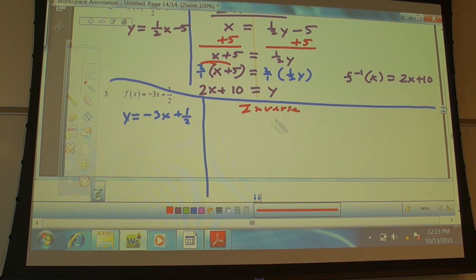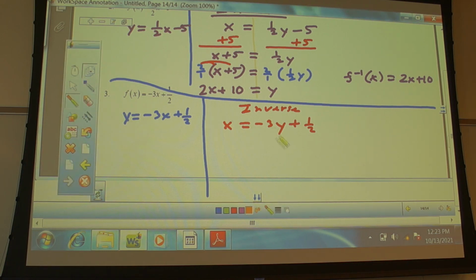The x and the y swap, so this becomes x equals negative 3y plus 1/2. First thing you want to do is get rid of the 1/2. So I think everybody subtracted, drew my little line straight down, and subtracted 1/2 from both sides.